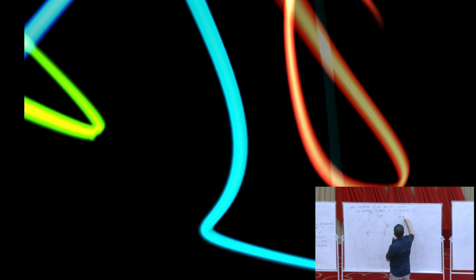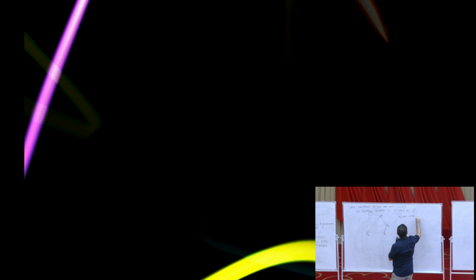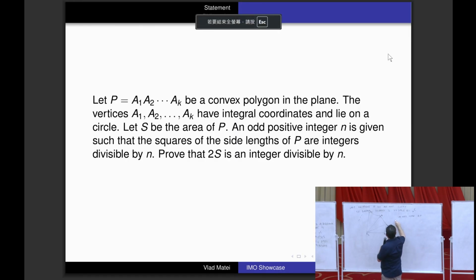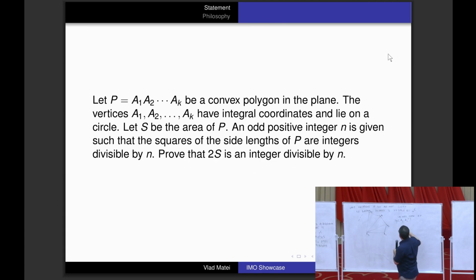We will look at v_p of (a1 aj) squared, for j from 3 to k.